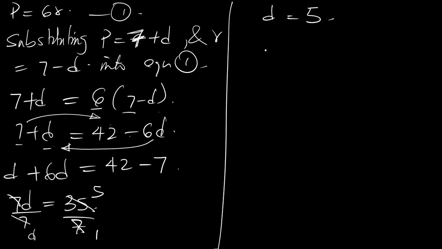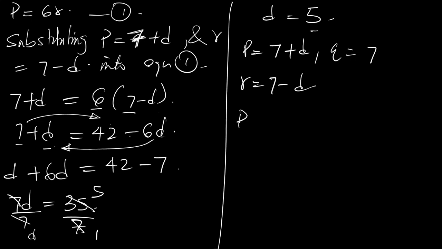So substituting D equal to 5 into the values of P and R, now the consecutive terms, you have P is equal to 7 plus D, you have Q equal to 7, and you have R equal to 7 minus D.